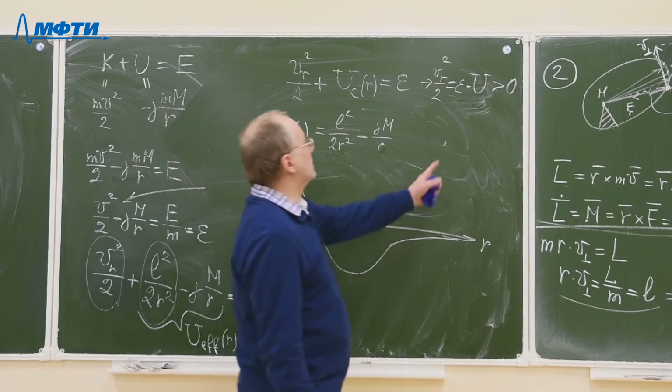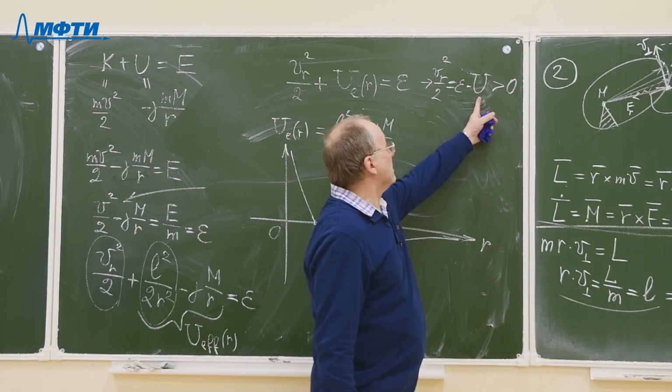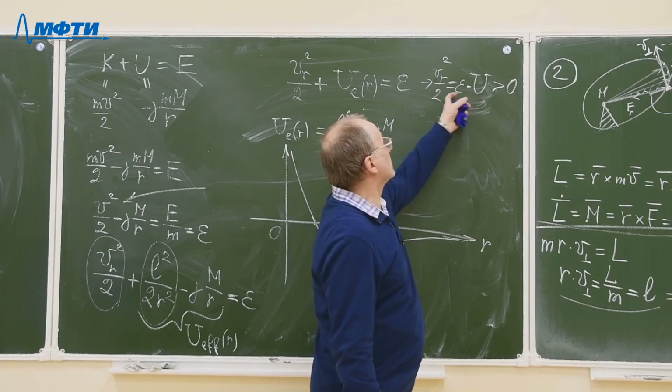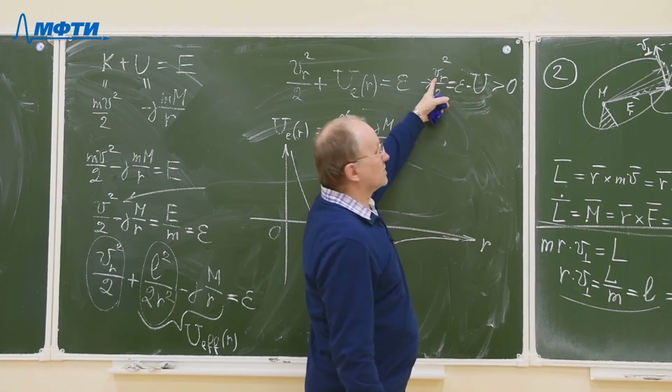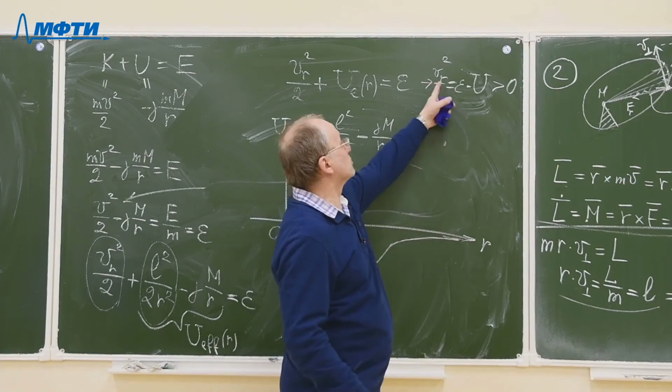Only positive values of this quantity mean that the velocity is real. That is, only for a positive quantity the velocity is real, not imaginary, and it corresponds to a real motion of the particle, real motion of the planet.